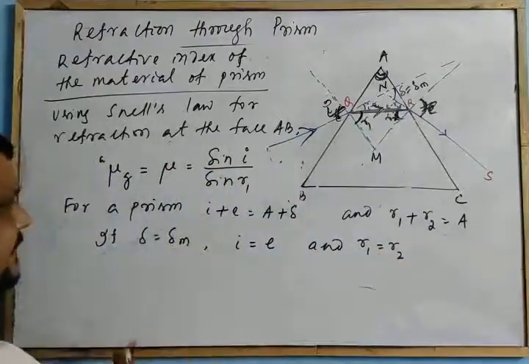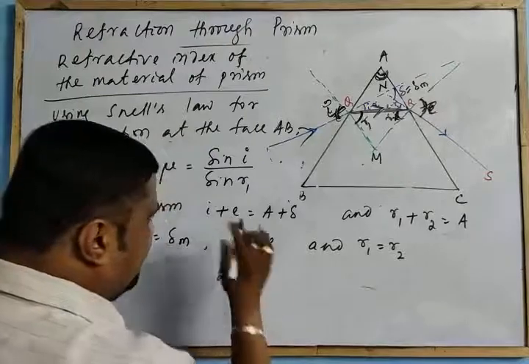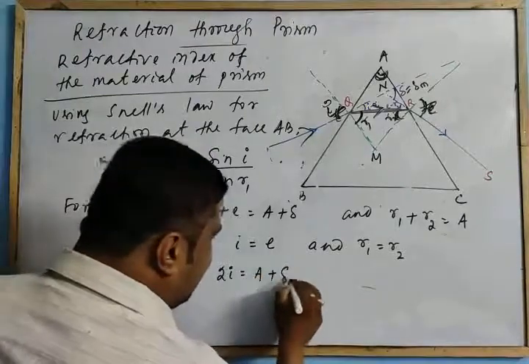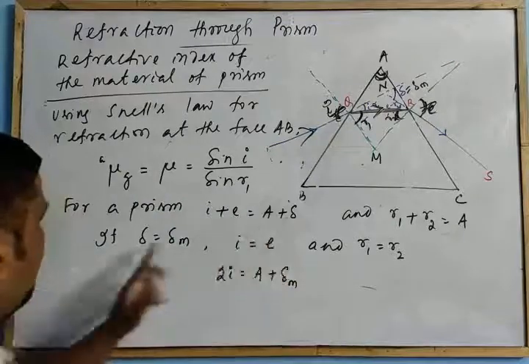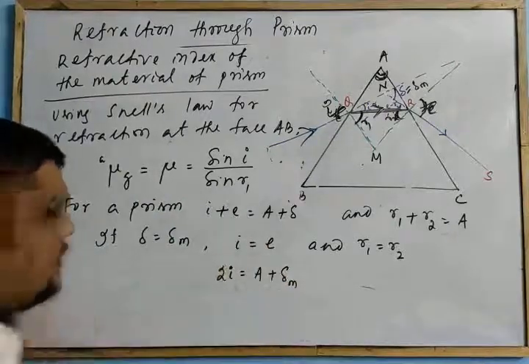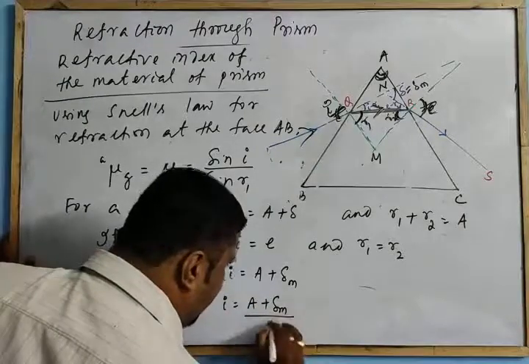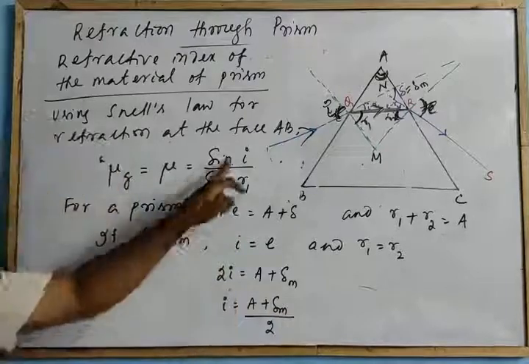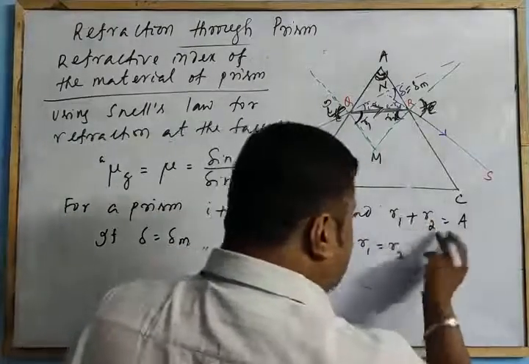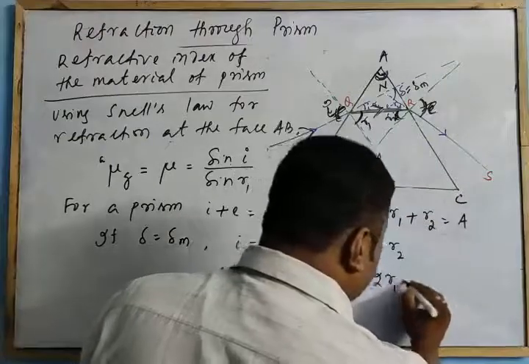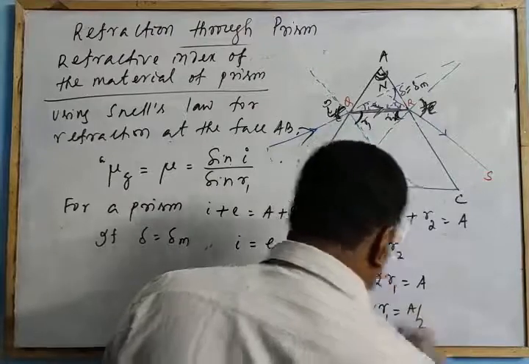Now I can write this as 2I is equal to A plus delta M, or I is equal to (A plus delta M) by 2. Then, putting R1 in place of R2, 2R1 is equal to A, or R1 is equal to A by 2.